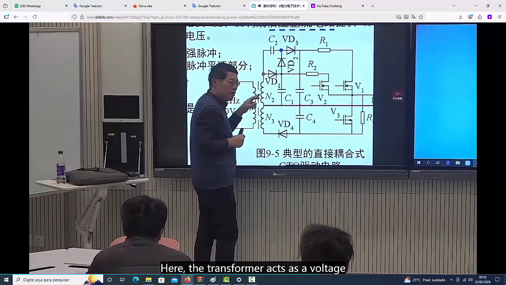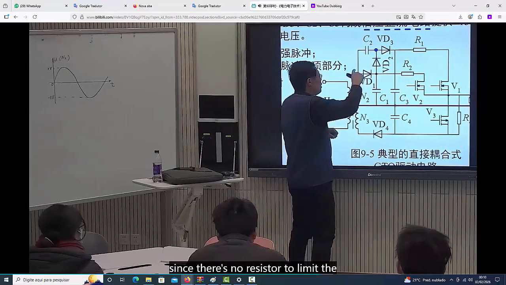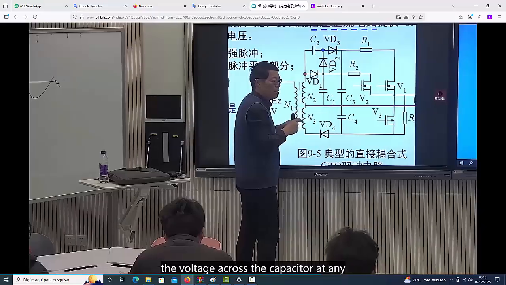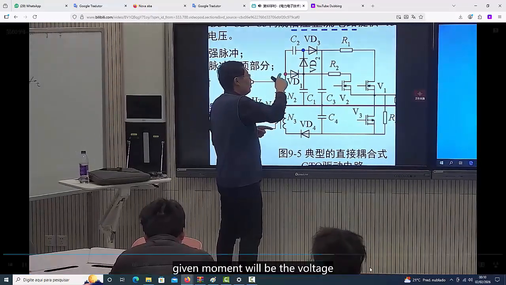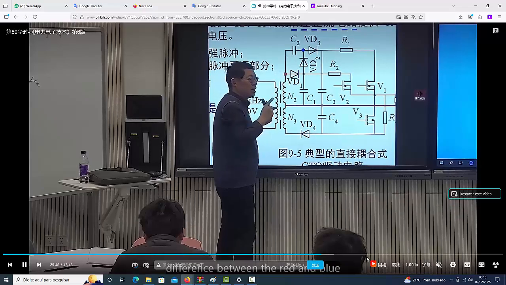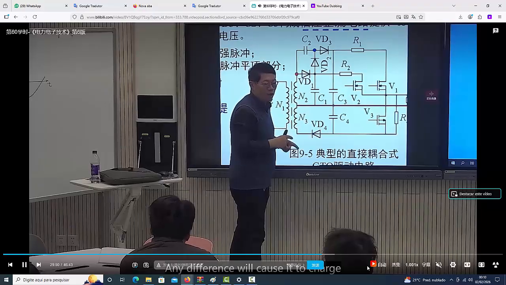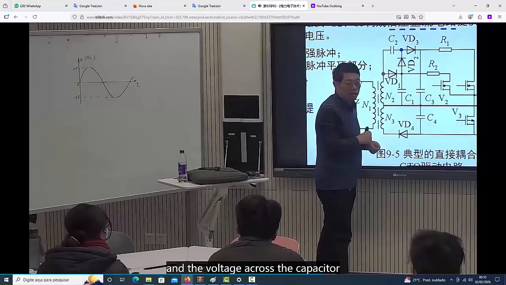Here, the transformer acts as a voltage source. Therefore, since there's no resistor to limit the charging current, the voltage across the capacitor at any given moment will be the voltage difference between the red and blue points. Any difference will cause it to charge extremely quickly, and the voltage across the capacitor will become this difference.